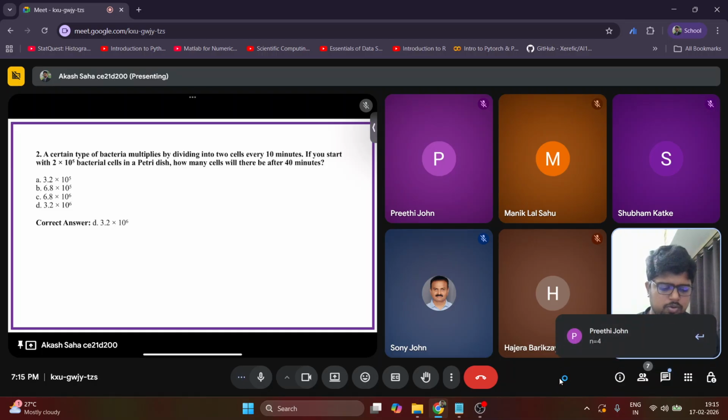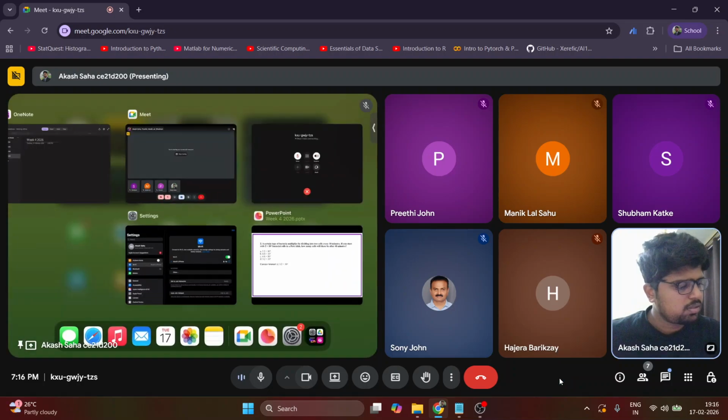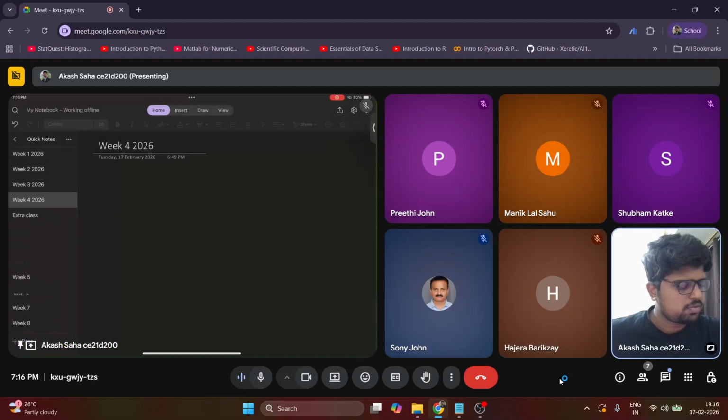Yeah, N will be equal to 4. So let's solve this. Yes, it will be like that only. So let's solve this. For others, just make a note.